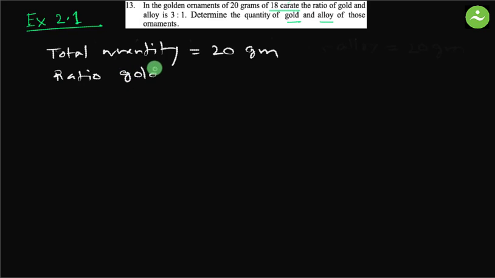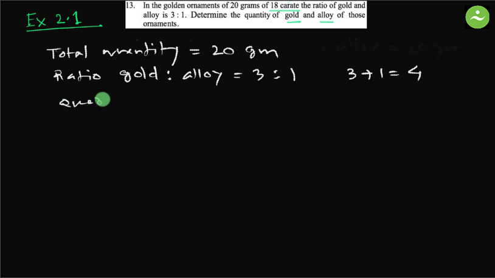So total quantity equals 20 grams. Ratio of gold and alloy is 3 is to 1, and 3 plus 1 equals 4.